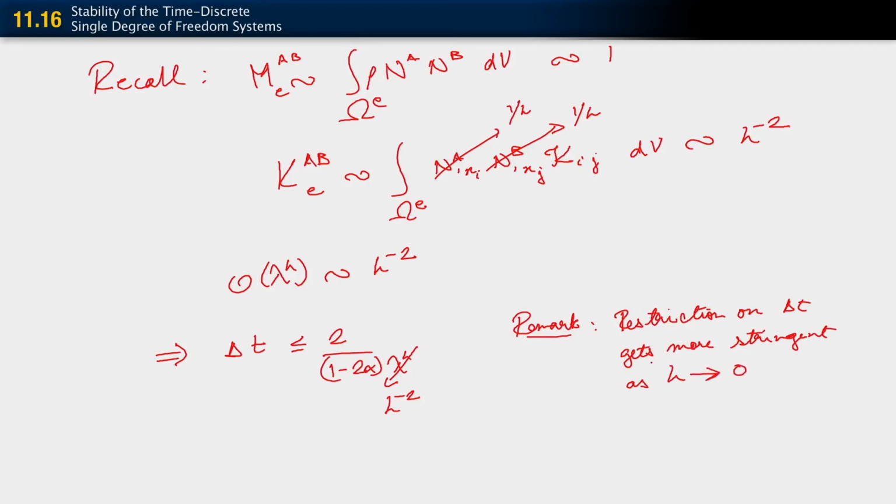Essentially, as we refine our finite element mesh, our spatial discretization, we see that it has an effect even on our temporal discretization if we're working with a conditionally stable method for the time integration. Okay? So this is how the finite element discretization also makes its presence felt in the time discretization when one is working with these semi-discrete methods and happens upon a conditionally stable method. All right, we'll end this segment here.